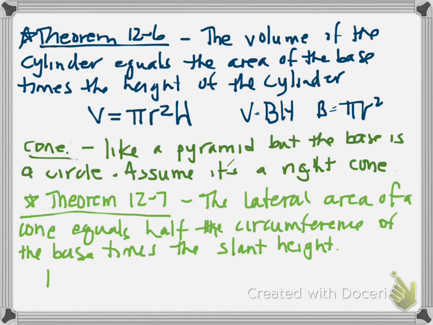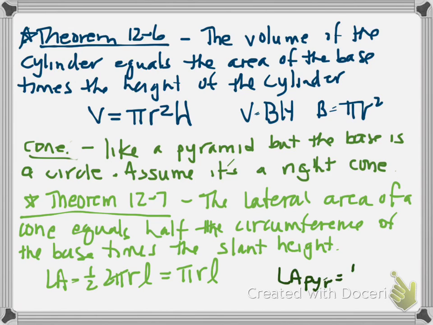According to this, lateral area is 1/2, and we have 2 pi r, and then we have slant height, and the half and the 2 cancel out, and you have pi r l. If you think back to the pyramid, it was 1/2 the perimeter times the slant height. So it's the same formula, except we plug in 2 pi r. The 1/2 and 2 cancel out. So again, not a formula you have to memorize. You just have to go back and remember stuff about circles.